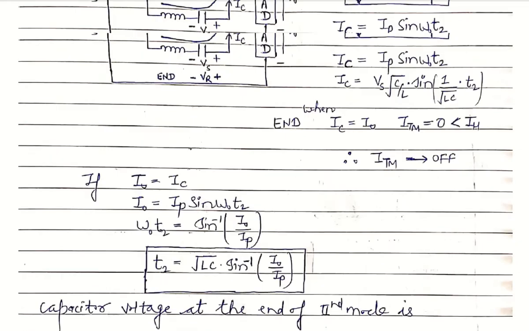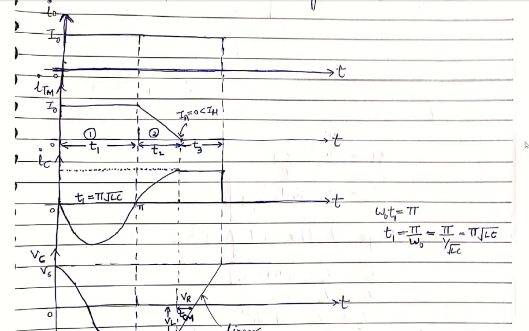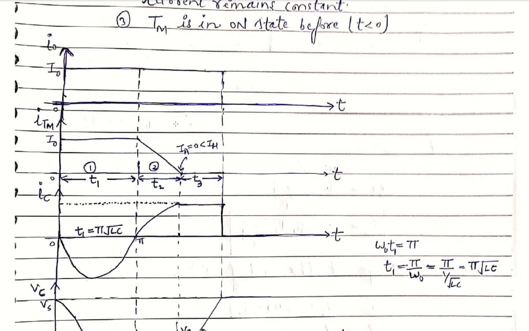In the diagram we will see that in the third mode of conduction, I naught is already constant because it is a purely inductive load case. At T2 time the main thyristor turns off, so on the x-axis TM will be 0, and IC will now be equal to I naught, which is constant.